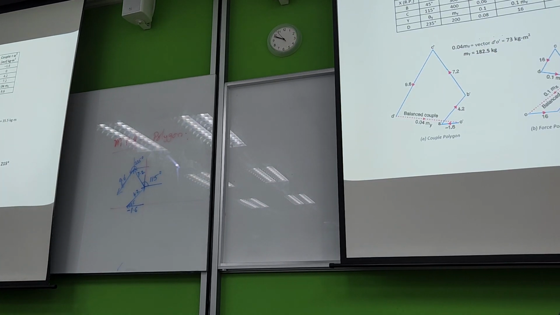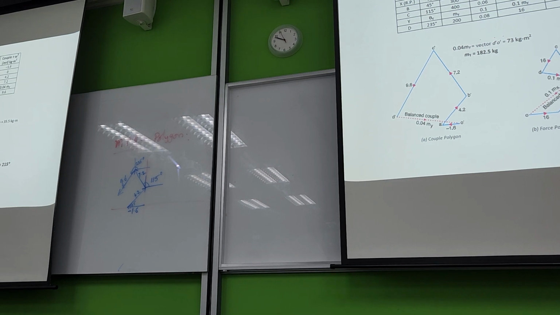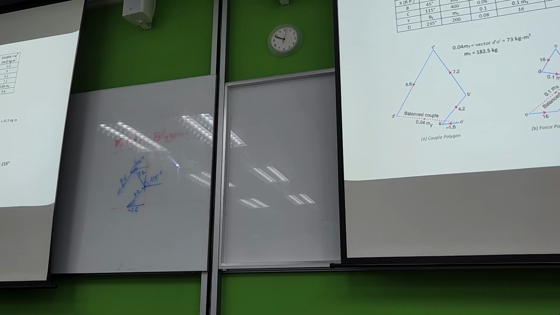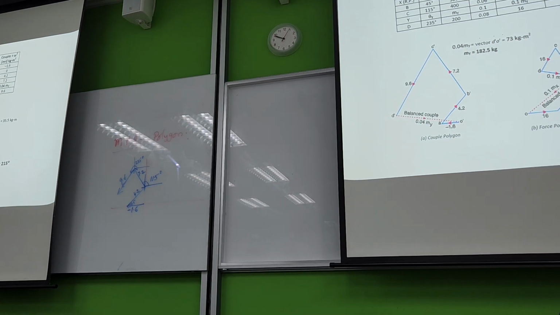You see the last column also, 200 times 0.08 is 16. So by right, that one should not be 160, it should be 16 with calculation. The first one should be 200 into 0.08, which is not 160 but 16 only. So it should be only 16, a typo here.